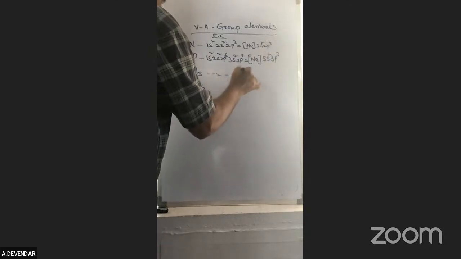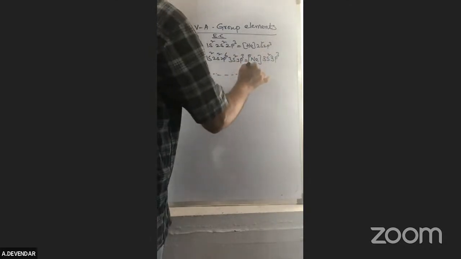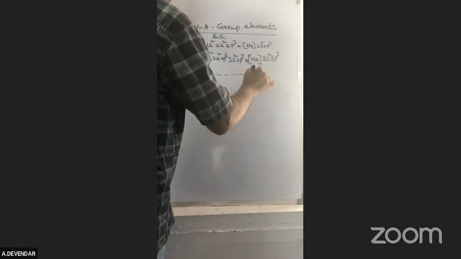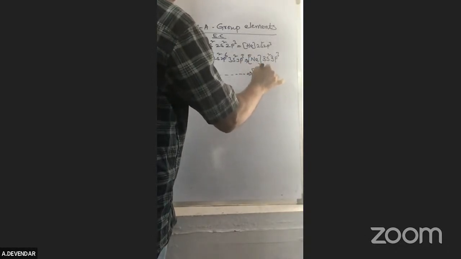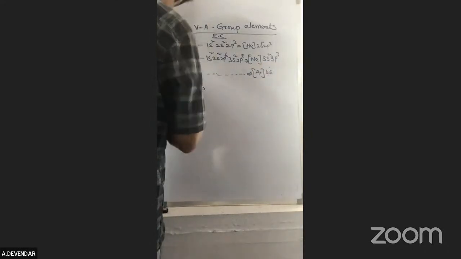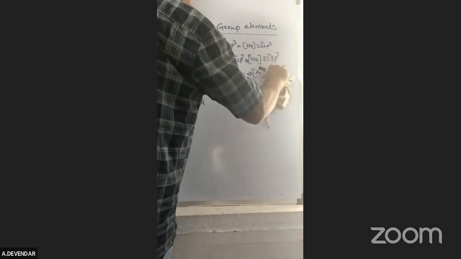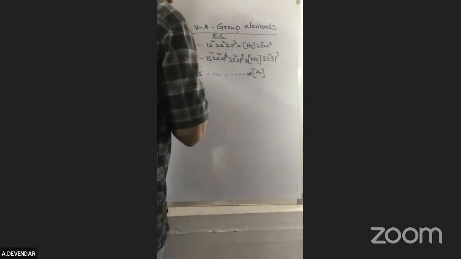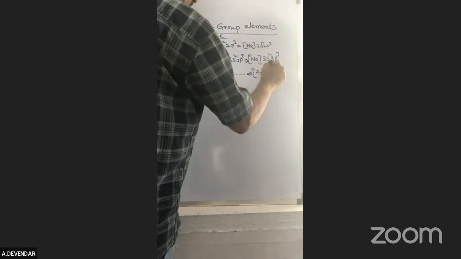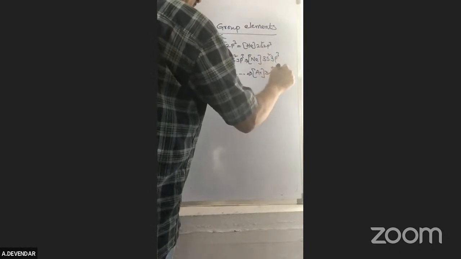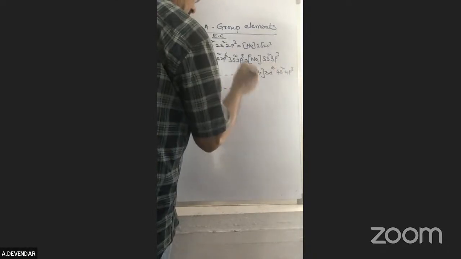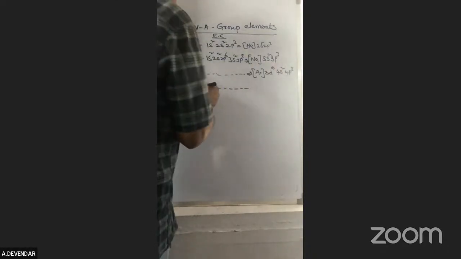In a similar manner, we write arsenic: argon, then 3d10, 4s2, 4p3. Sorry, before 4s2 you write 3d10. Every time remember, if you get the 4th orbital s orbital, 3d will be there before it.